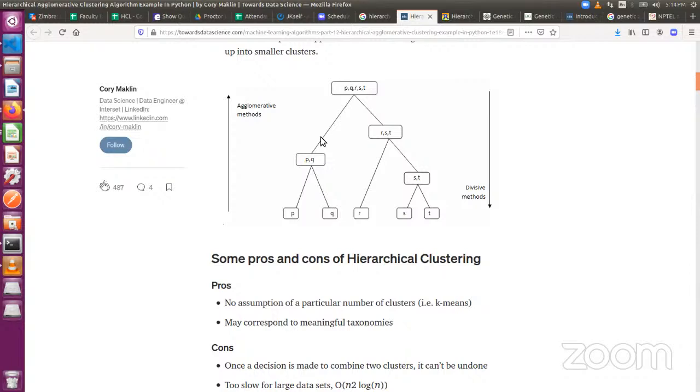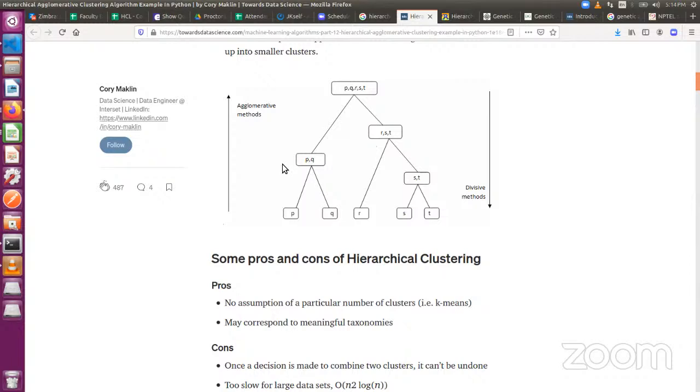Suppose I want two groups. I want the entire set of points to be clustered into two groups. Then I will stop when there are two groups. P and Q will be a group, RST will be another group. So distance wise, nearer points will be grouped together.